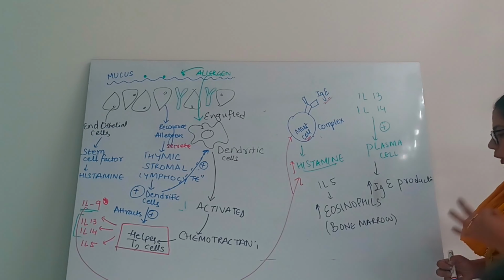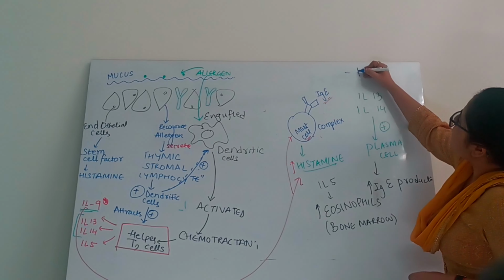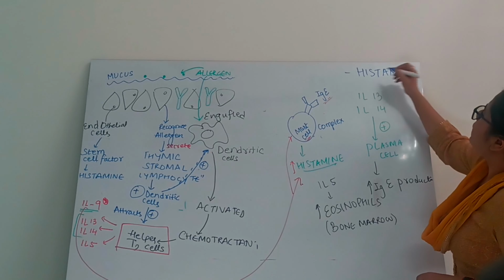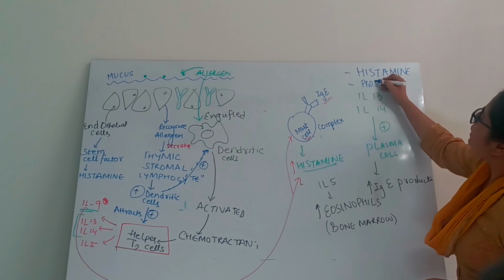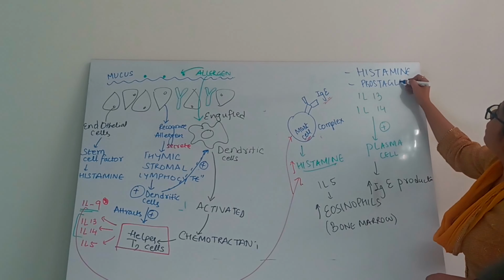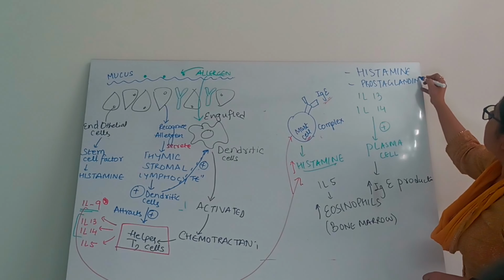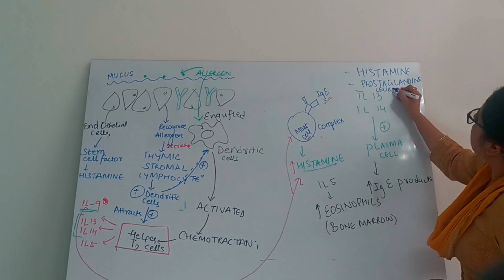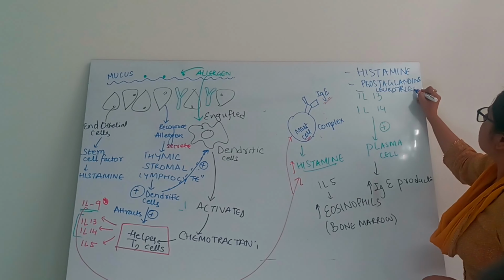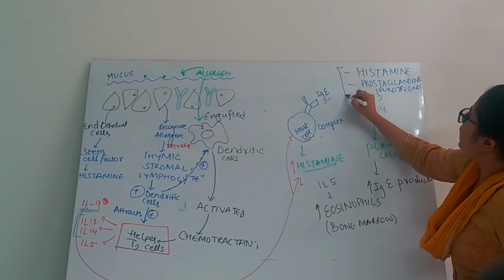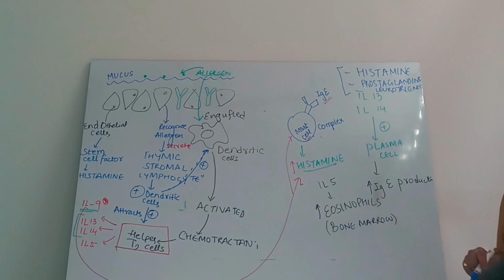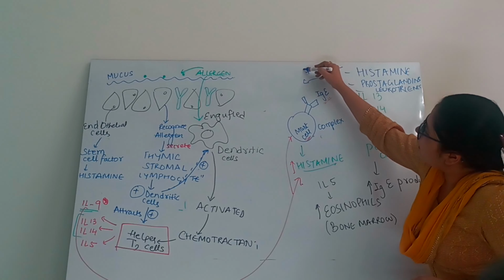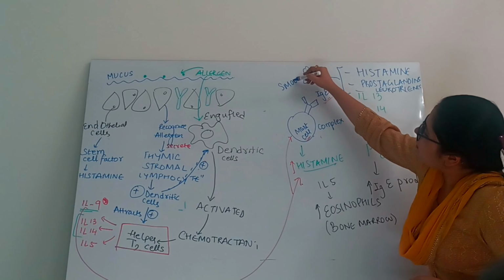So in totality, what is all this leading to? All of this is leading to three things. One is increase in the release of histamine. One is increase in the release of prostaglandins. And the other is the release of leukotrienes. So all of them trigger the immunity pathways and are responsible for targeting the smooth muscles.